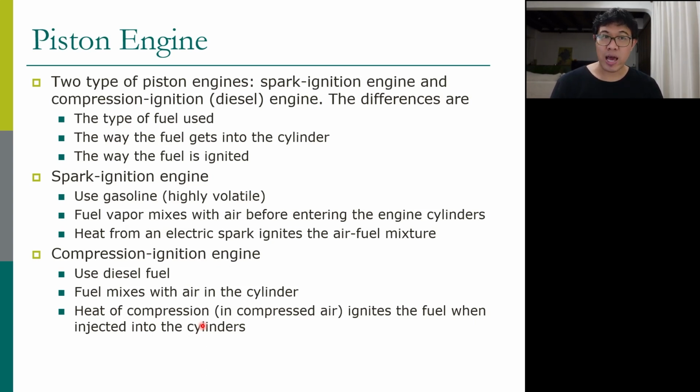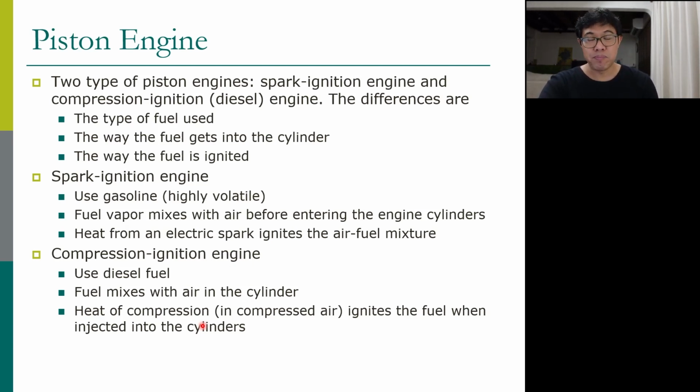We can do that because diesel can ignite at a lower temperature than benzene or gasoline. The temperature inside the combustion chamber is enough to ignite diesel, but not enough to ignite benzene, so we have to use a spark because a spark has high temperature. So those are the differences. Those are the two types of engines that we use nowadays.